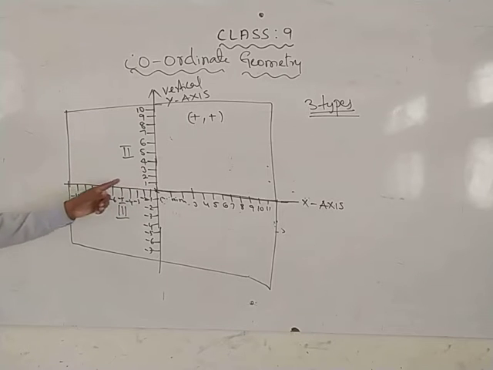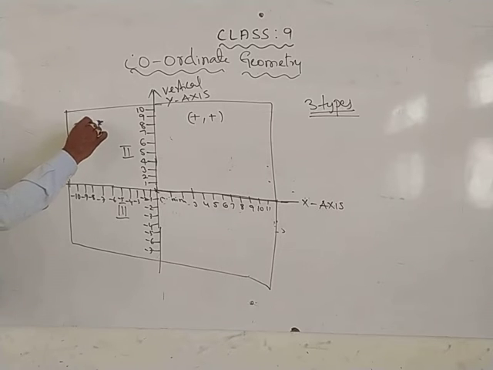Now the second quadrant. What about x values? Minus. What about y values? Plus. Therefore, in the second quadrant, x values are negative and y values are positive.